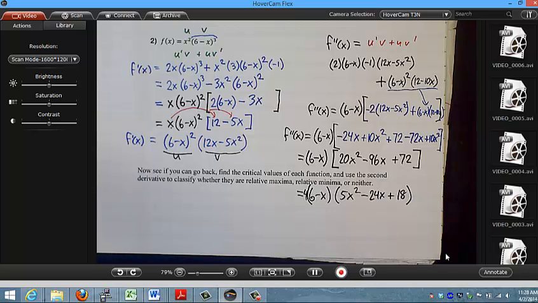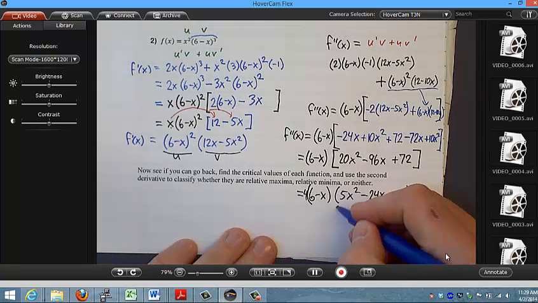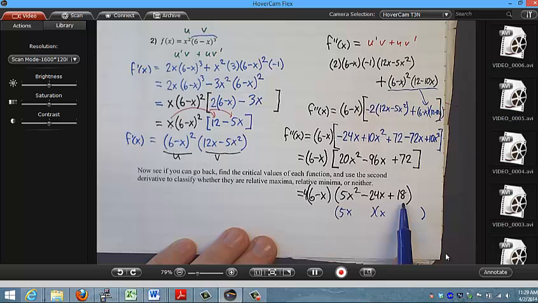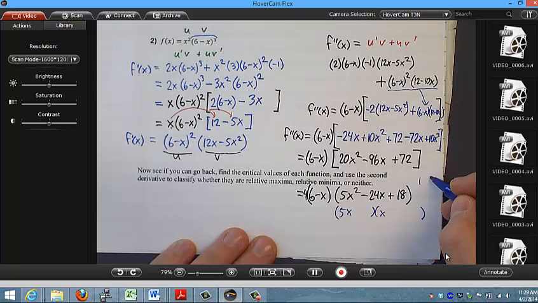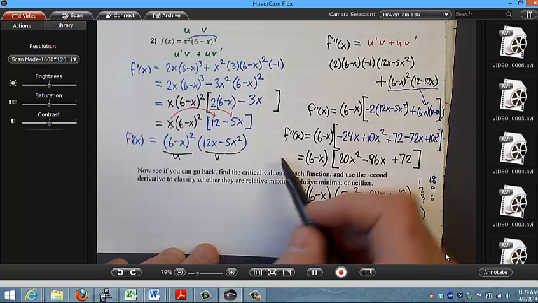I mean, I guess if it were going to factor, it would be 5x and x. And I would need some factors of 18, and I'd have to get 24. I'd have to try things like 1 and 18, or 2 and 9, or 3 and 6. That's all I get, right? Yeah, doesn't work. No, I think we're stuck. So I think the best I can do is like this up here.